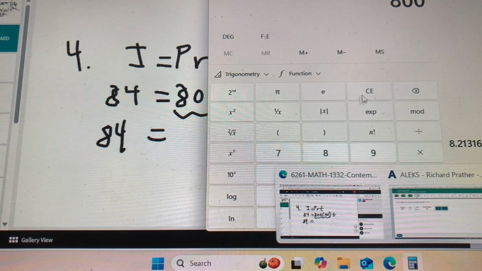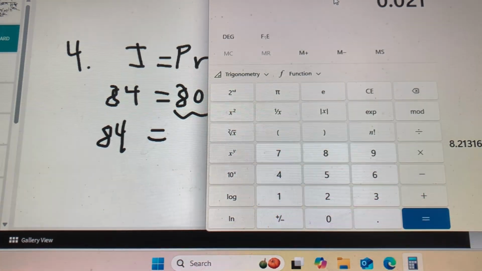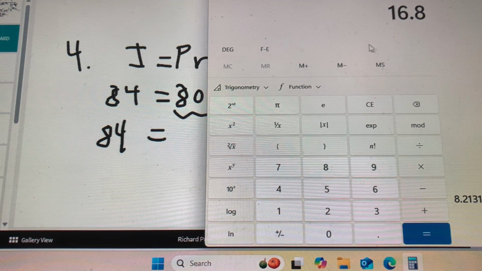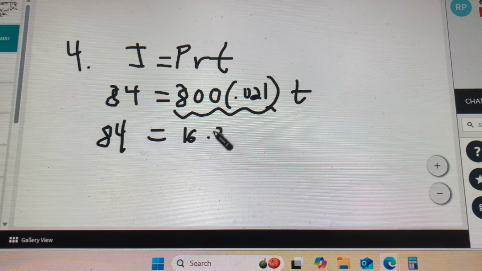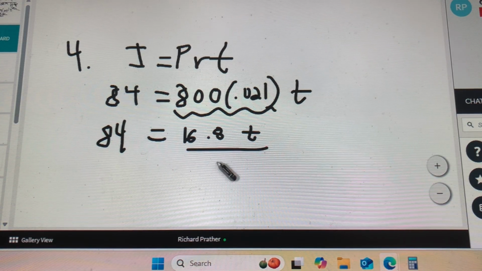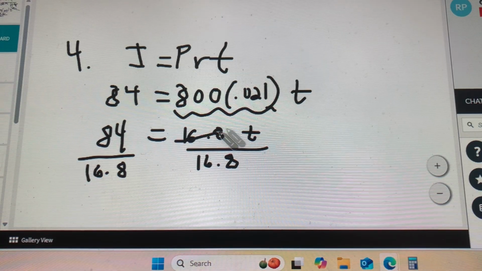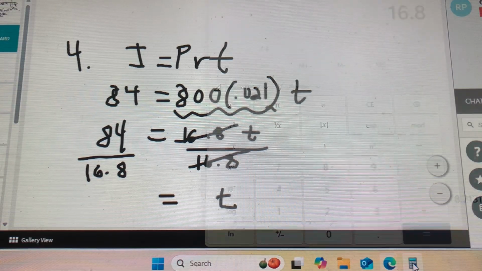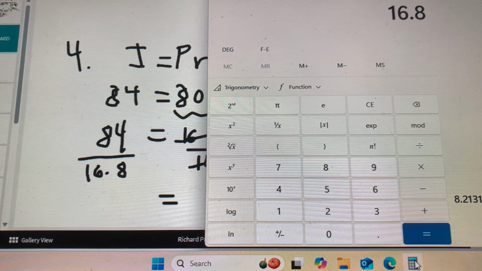So all you can do is this part first. 800 times 0.021 is 16.8. So that goes in front of the t. And then you just always divide by whatever's in front of t. Divide by 16.8. 84 divided by 16.8, and usually these come out exactly, but maybe not.